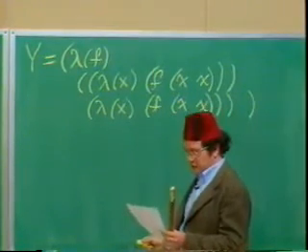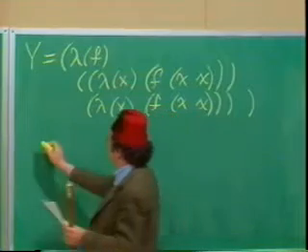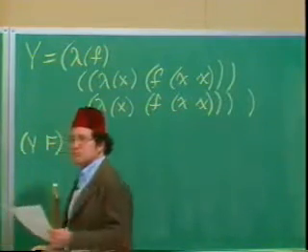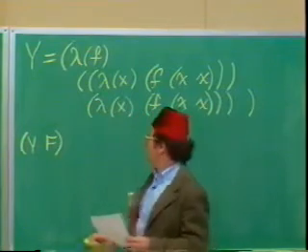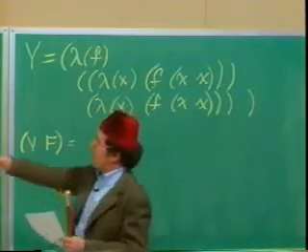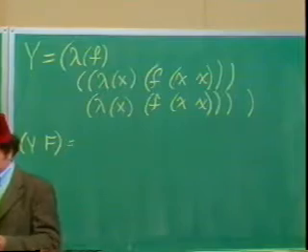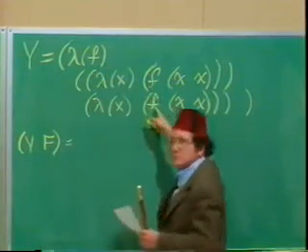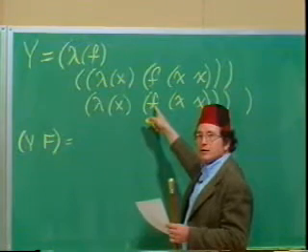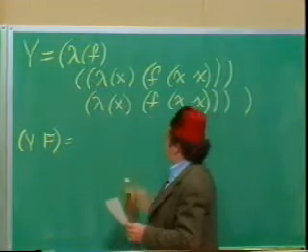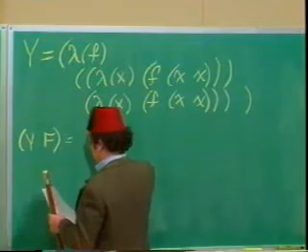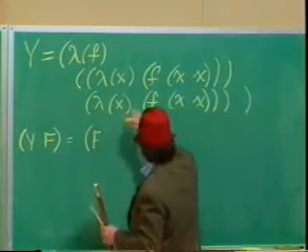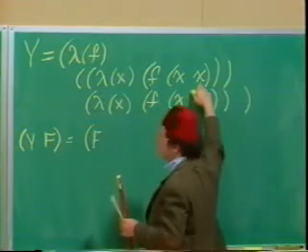Now what's this do? Suppose we apply y to f. Well, that's easy enough. That's this capital F over here. Well, the easiest thing to say there is I substitute f for here. So that's going to give me basically, because then I'm going to substitute this for x in here.